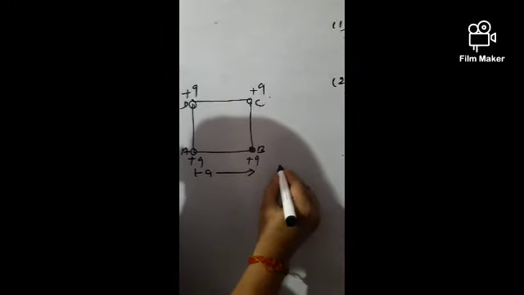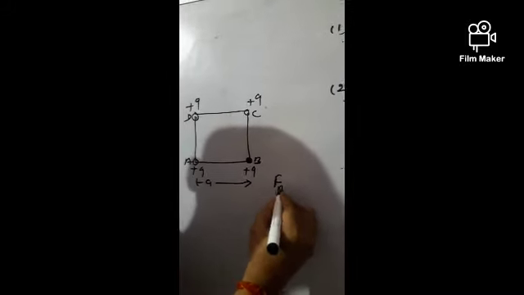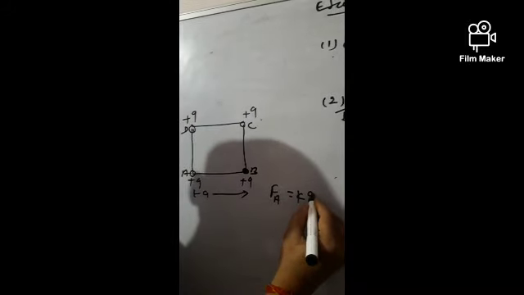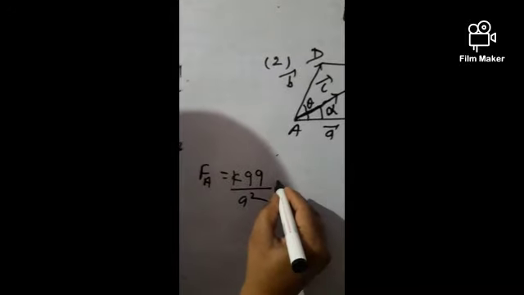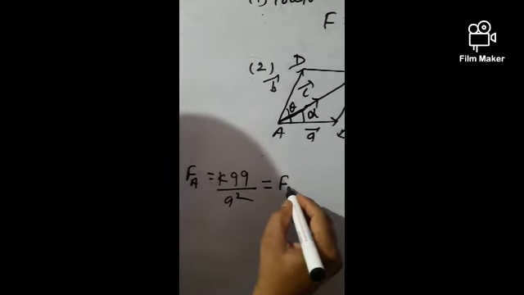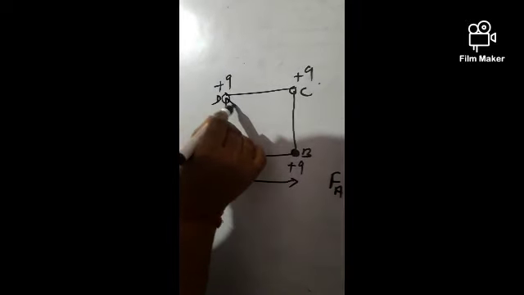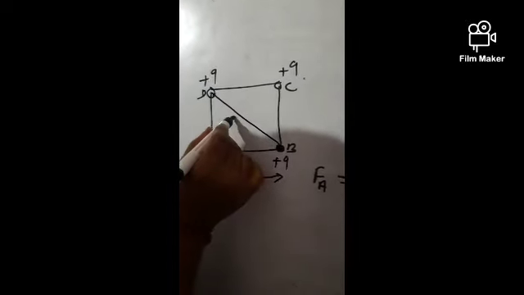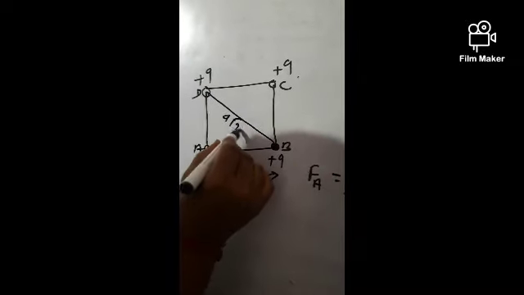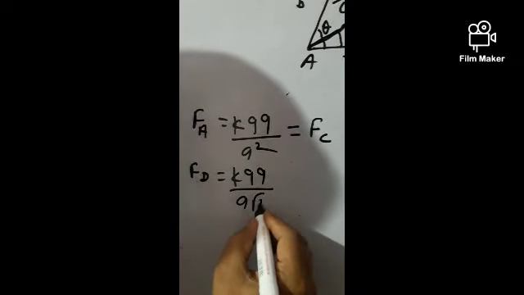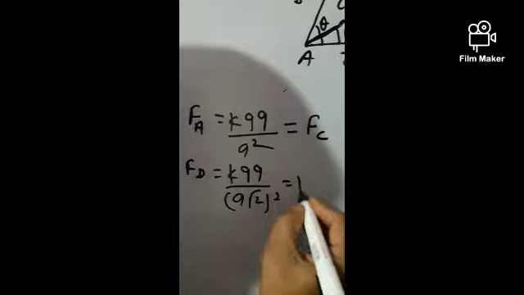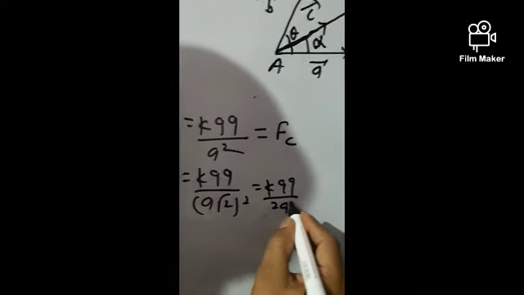Therefore, by Coulomb's law, force on B due to A is equal to constant QQ upon A square, and which is also equal to force on B due to C. But for force on B due to D, length of diagonal is A root 2. Therefore, force on B due to D is equal to constant QQ upon A root 2 square, which is equal to constant QQ upon 2A square.